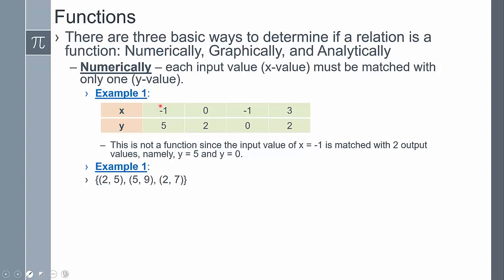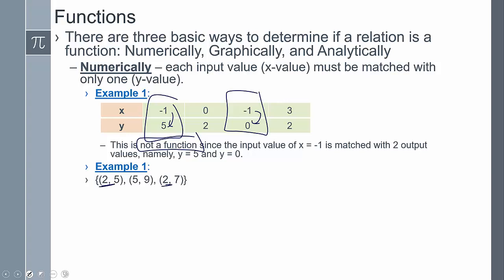And so this x value has 5, this x value has 2, this x value has 0. Okay, so here's the red flag. Right here, my one x value, x of -1, has two different y values. It has 5 and it has 0. So therefore, it is not a function because my one x value has two different y values. Now the same thing here.